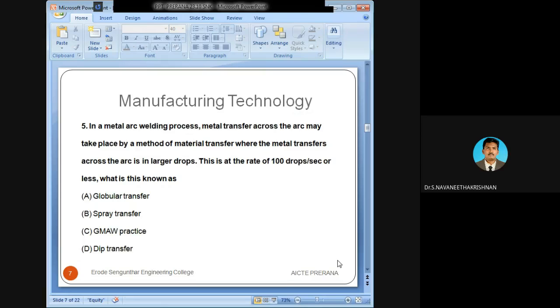This is at the rate of 100 drops per second or less. What is this known as?